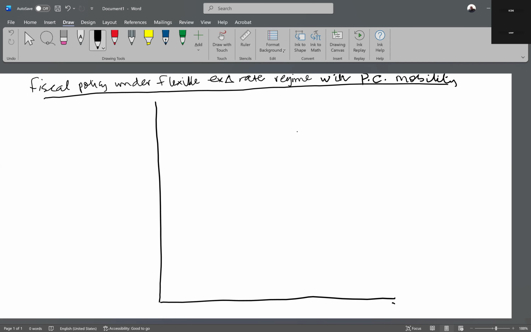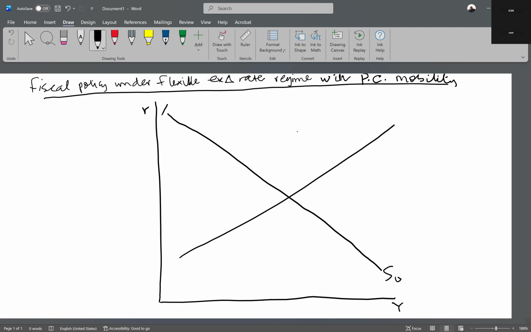So we have our Y, we have our R as usual. We have our IS curve, call it IS0. We have our LM curve, call it LM0.